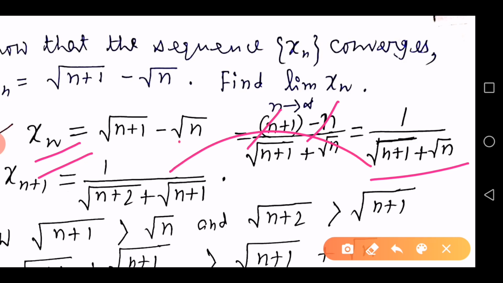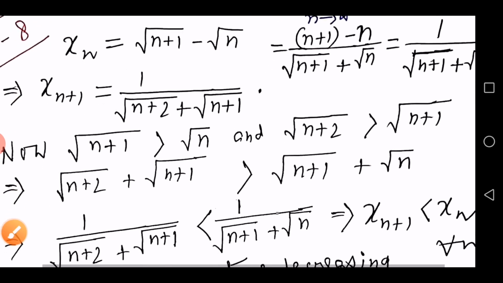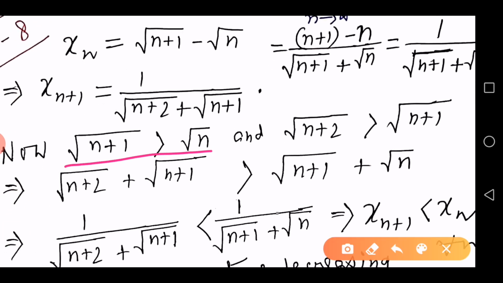So, putting n+1 in place of n, we get x(n+1) equal to 1/(√(n+2) + √(n+1)). Now, it always holds that √(n+1) is greater than √n, and √(n+2) is greater than √(n+1), because n+1 is greater than n and n+2 is greater than n+1.